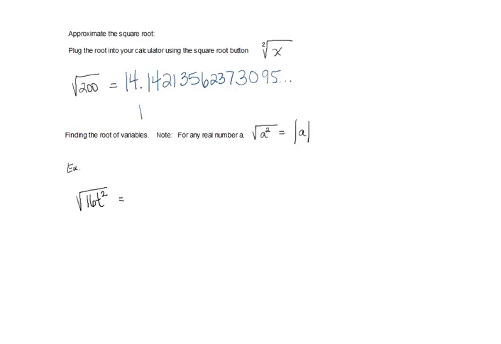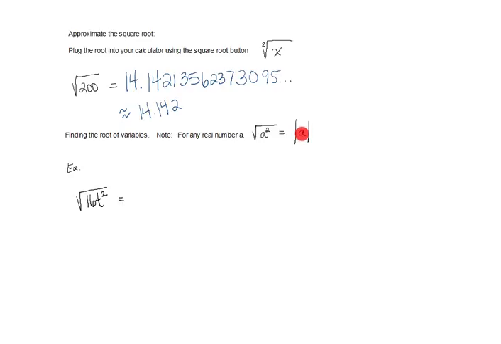The next part we can look at is finding the root of variables. Note that for any real number a, the square root of a squared is going to be the absolute value of a. All that is basically telling us is we cannot take the square root of a number and get a negative number. So if a was negative 1, negative 1 squared is 1, and so the square root of 1 would be 1.